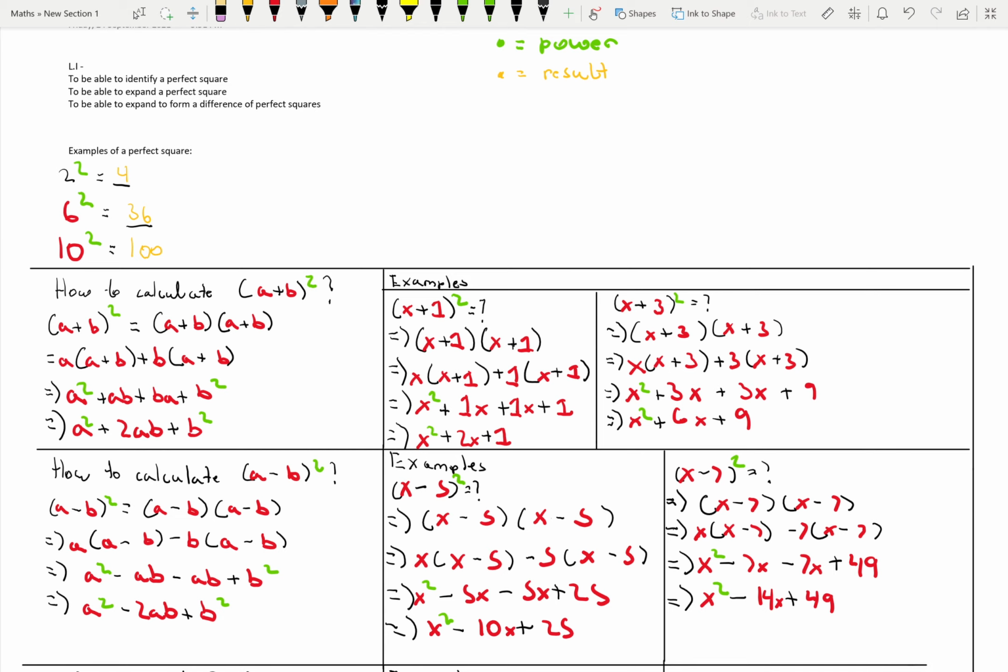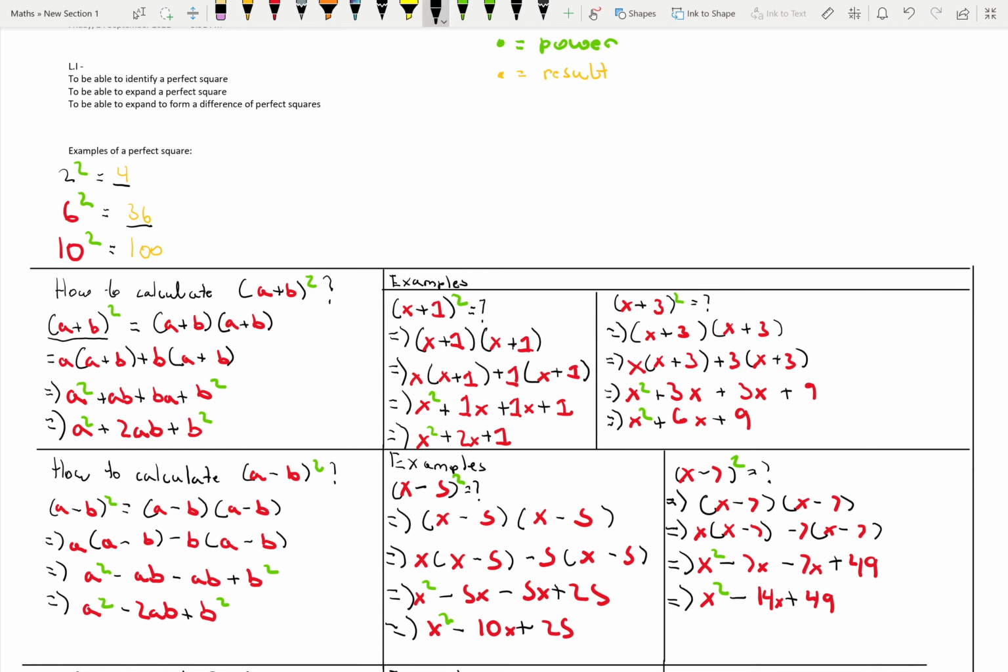Now that we have established what a perfect square is, which is essentially the result of any integer multiplied by itself, let's figure out how to expand a perfect square. And by expanding a perfect square, I mean specifically, how do we calculate a plus b whole squared? Now, we are given the question here, a plus b whole square.